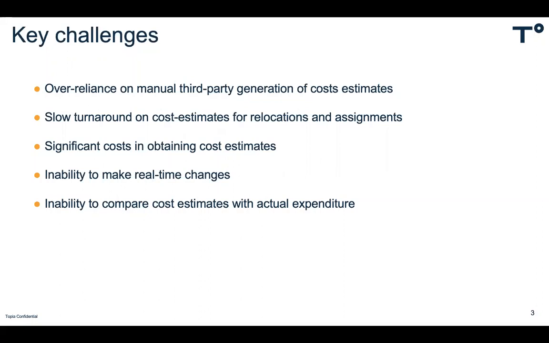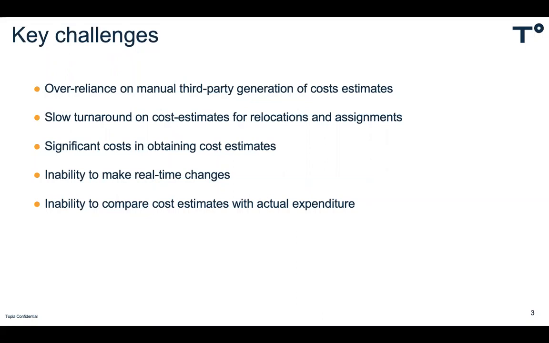In terms of being able to work with a business and actually provide them information on a reasonable cadence or potentially real time, doing this manually obviously creates a slow turnaround, both for the business, but also when you go through and actually plan the relocation or assignment. And there are significant costs in obtaining cost estimates.